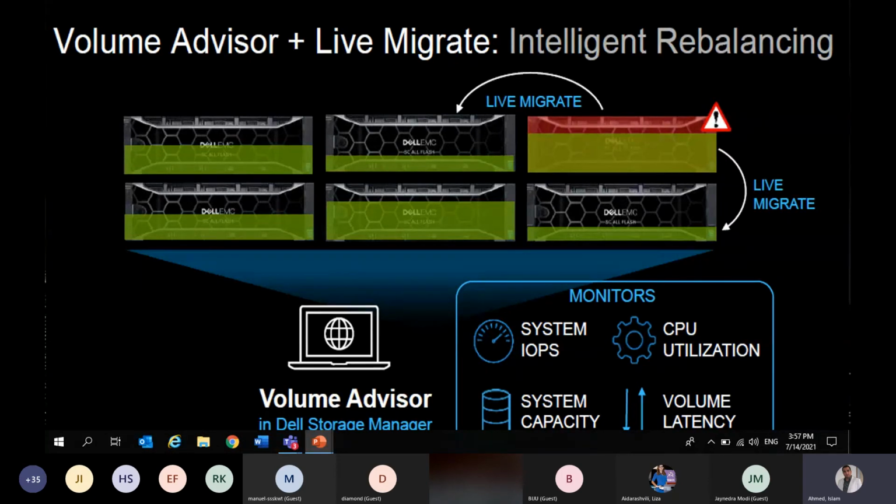If you have multiple nodes or devices, the system itself can do the live migrate and give you a volume advisor. This helps balance all the nodes and devices automatically, and enhances system IOPS, CPU utilization, and system capacity. You cannot find this kind of feature in any mid-range storage in the market except from Dell EMC.